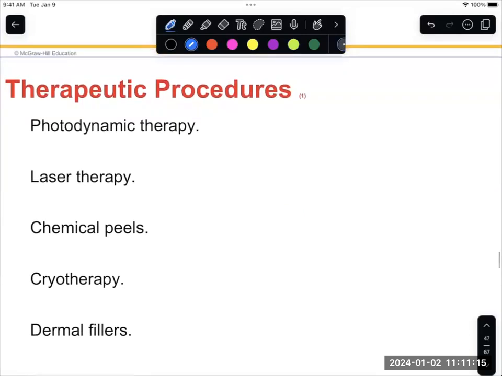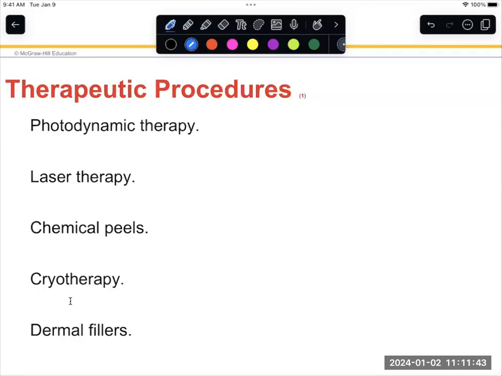Photodynamic therapy uses high intensity blue light to create a toxic environment where bacteria cannot live. Laser therapy is used to manage birthmarks, warts, and vascular lesions. Chemical peels use an acid solution applied to the skin to reduce fine facial lines and wrinkles.